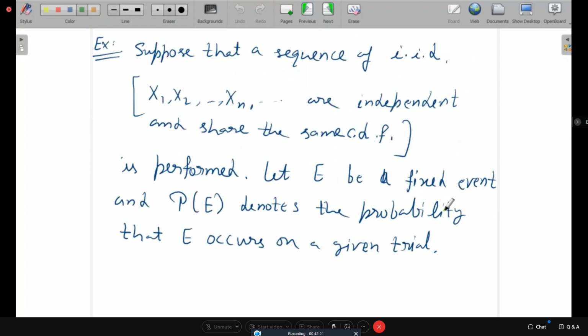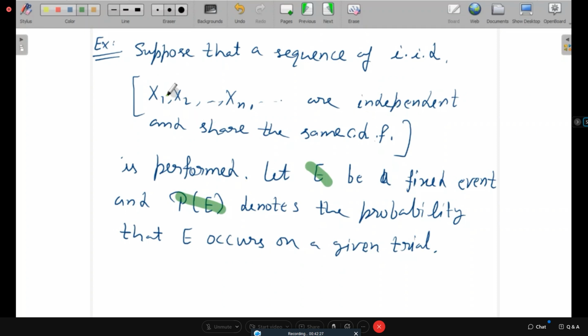Okay. Now let's work out this problem. Suppose that a sequence of IID trials is performed. For an event, let E be a fixed event, and let probability of E denote the probability that E occurs on a given trial.